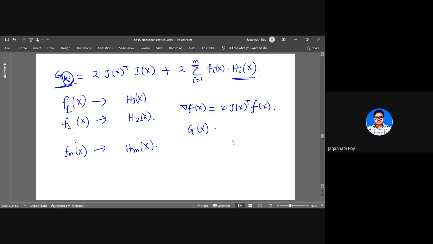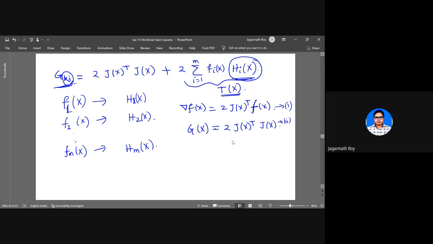So let us call this summation t of x, just giving another name, because the Hessian matrix is already used here. So this will be 2 times J transpose of J of x. Let us call it 1, 2.